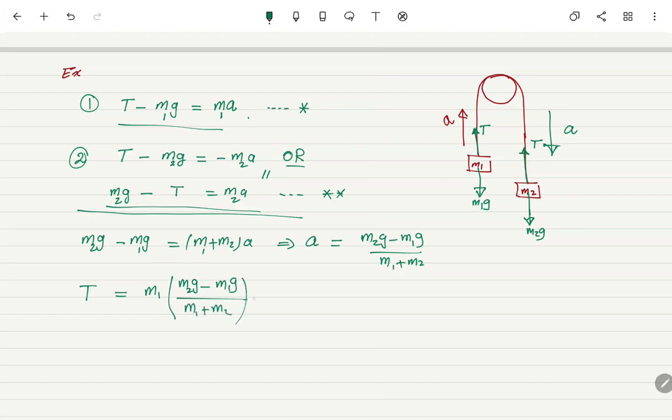This is the acceleration, plus M1G. And this is the tension on the rope. Let's simplify the tension here. Tension equal to M1 M2G divided by M1 plus M2.